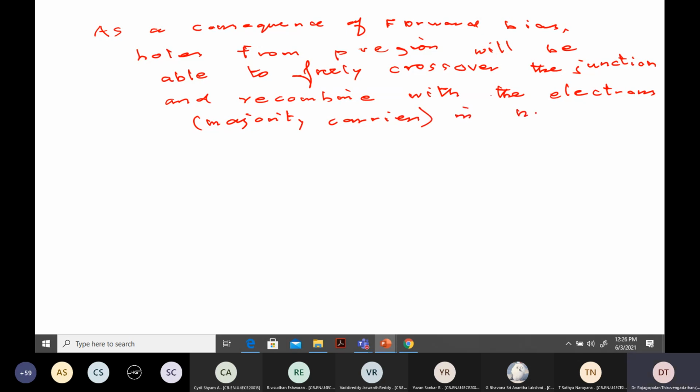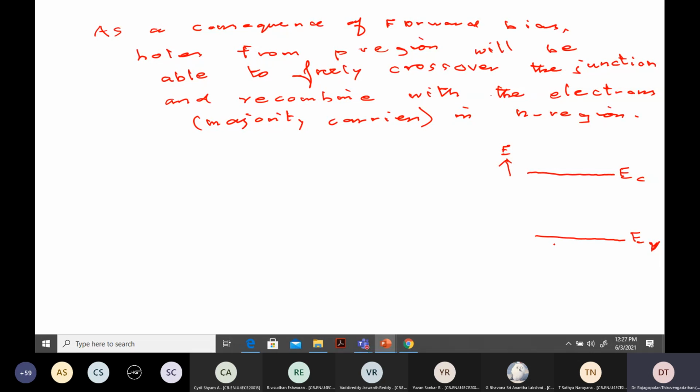Recombination means, again I repeat, this is my conduction band, this is my valence band, and the energy increases in this direction of the levels.